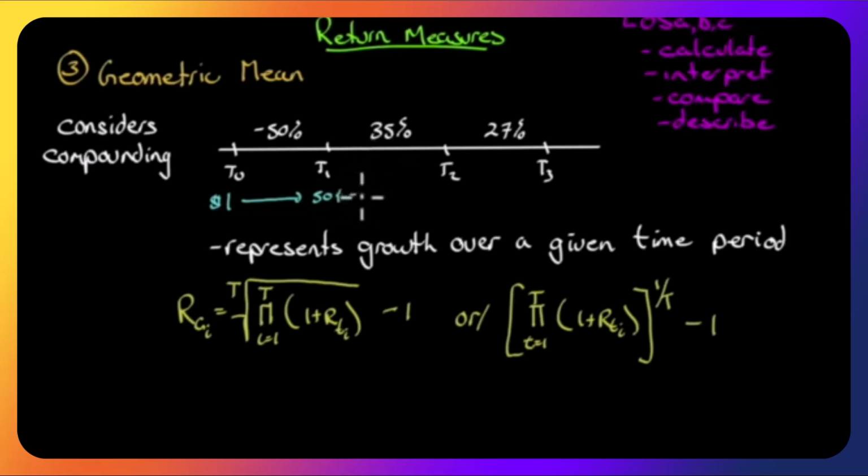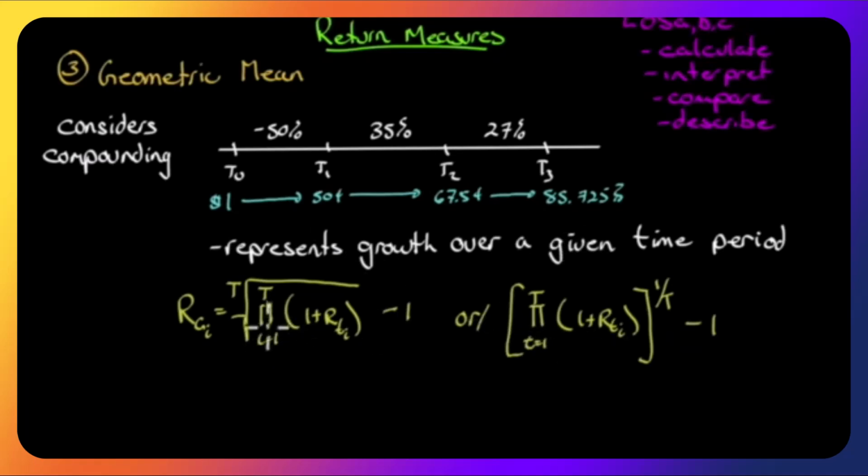For the next period, we grow at 35%, so this will grow to 67.5 cents, and then that grows at 27%, and that'll end us at 85.725 cents. So it represents growth over a given time period as opposed to just what the expected return is in any one given time period. This is growth over a particular time period.